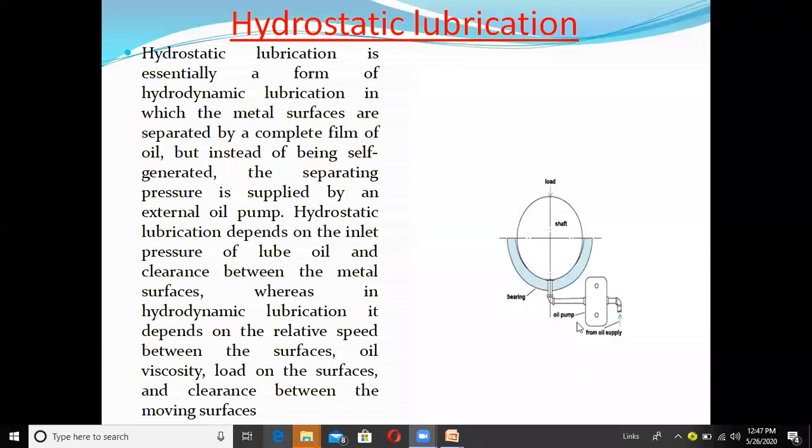That pressurized oil we place in between the shaft and the bearing. That pressurized oil makes the separation between the shaft and the bearing. That process is nothing but hydrostatic lubrication.